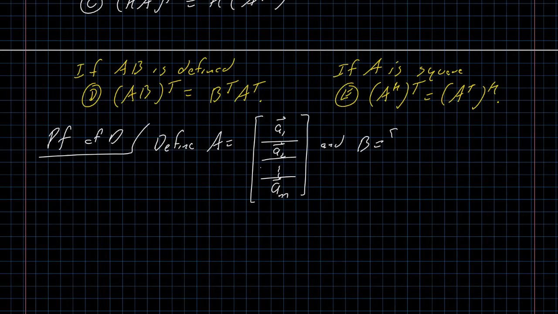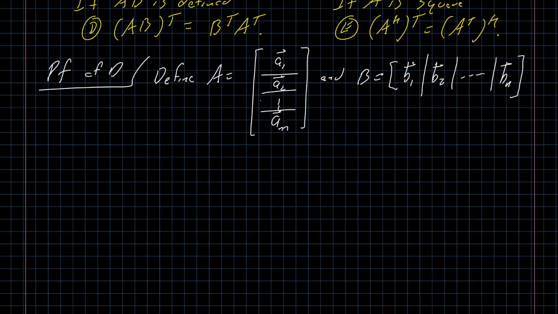So we'll have B1 vector, B2 vector, all the way down to Bn vector. Now, the definition of the matrix transpose swaps rows and columns.